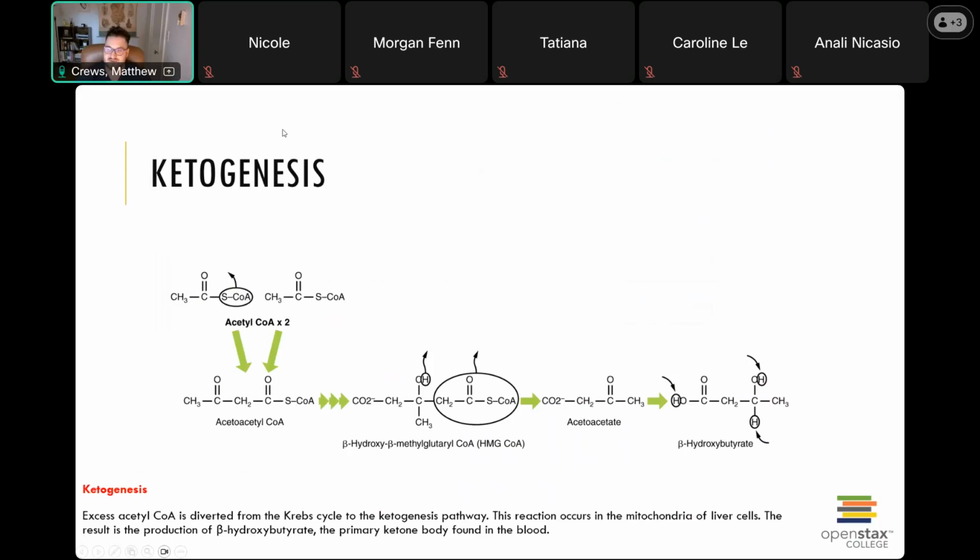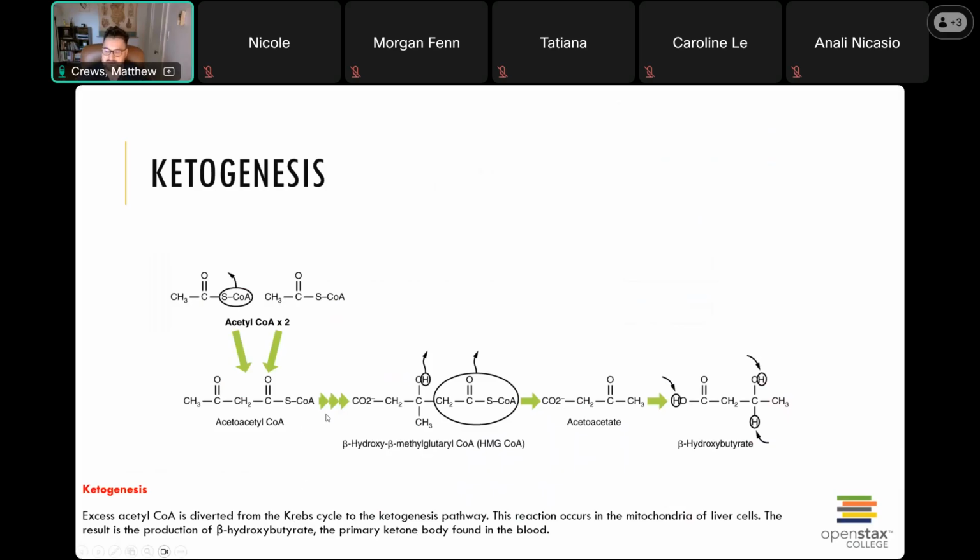This next process is called ketogenesis. So we can actually go in reverse. We're taking the acetyl-CoA. If there's too much of it, we can pull it away from the Krebs cycle and put it into the ketogenesis pathway. This happens in the mitochondria of liver cells only.